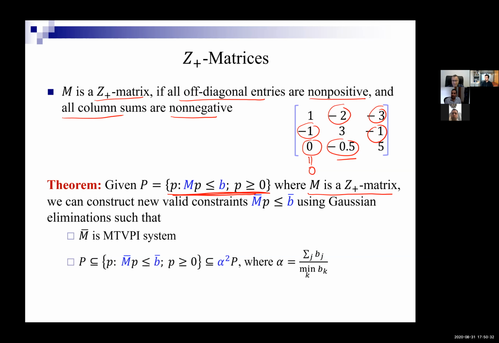Then we can construct another system of inequalities M bar P less than or equal to B bar using Gaussian elimination, such that M bar is a monotone BPI system, and this new polytope subsumes the original polytope P. It is also contained inside P blown up by alpha squared, where alpha depends on the B vector: it is the summation of Bj over the minimum Bk. So this is the theorem we prove, and let's apply it to our LP.